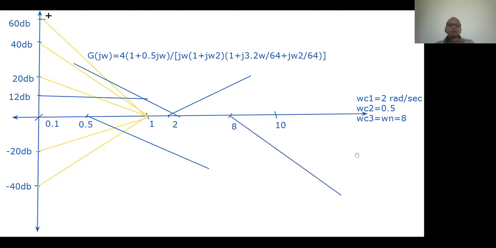For simplicity, the slope is minus 40 dB per decade. Okay.